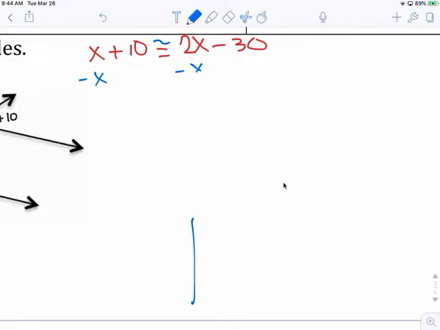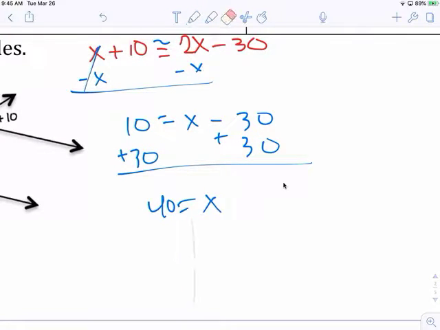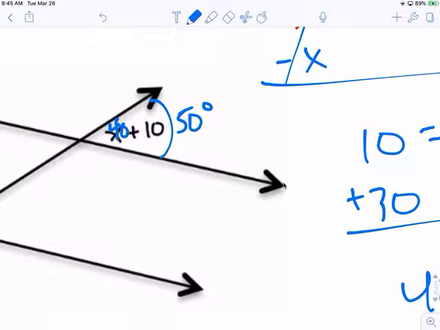Minus x, 10 equals x minus 30. Add 30. X equals 40. Okay, in place of x you put 40. 40 plus 10, this is 50 degrees.